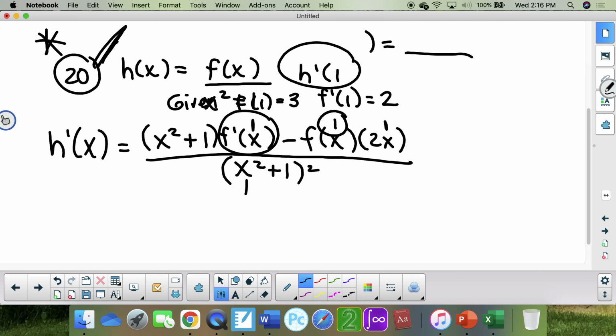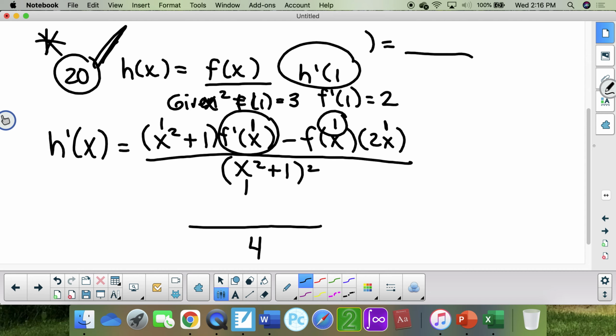You're going to put a 1 there, and you're going to put a 1 there. Because how do you know that x is always going to be 1? Because they're trying to find h prime of 1, right? So all of your x's are going to end up being a 1. And you are going to get 1 plus 1 equals 2, and 2 squared on the bottom is 4.